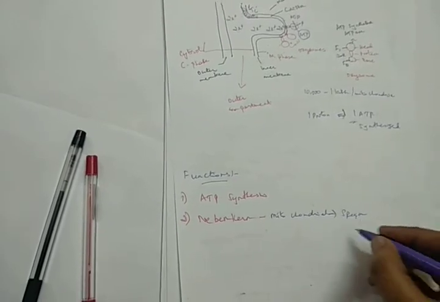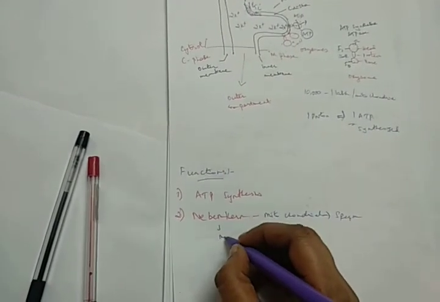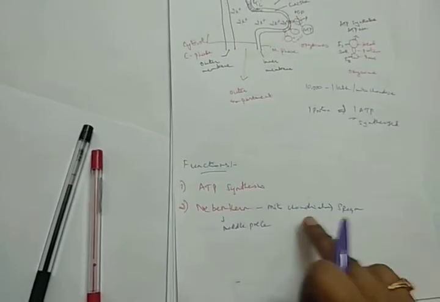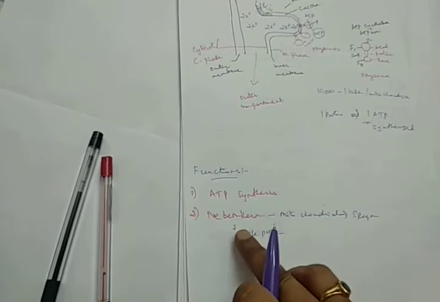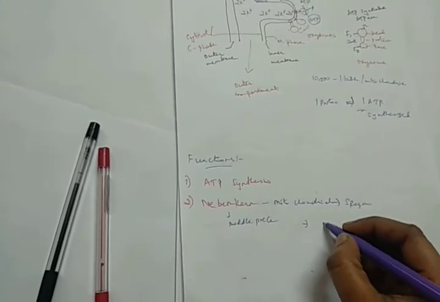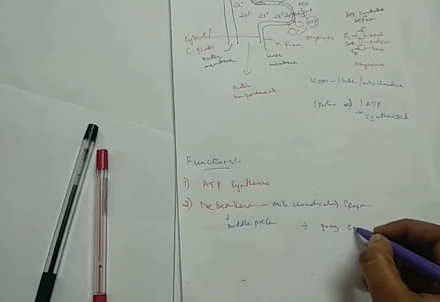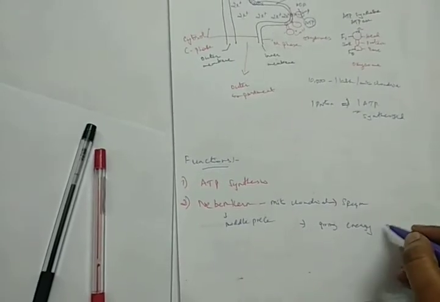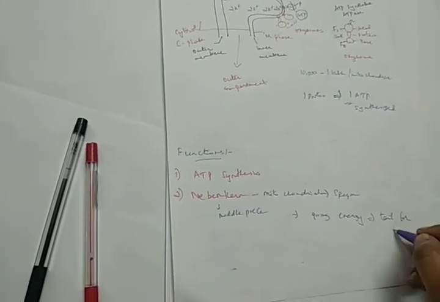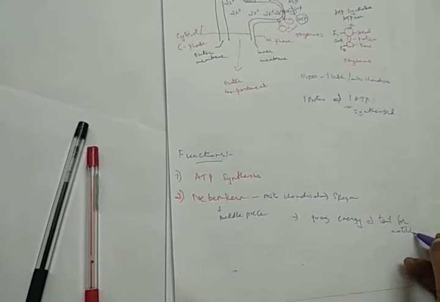In the middle piece of the sperm there is a presence of mitochondria, called the Nebenkern, and that helps in giving energy. To whom does it give energy?